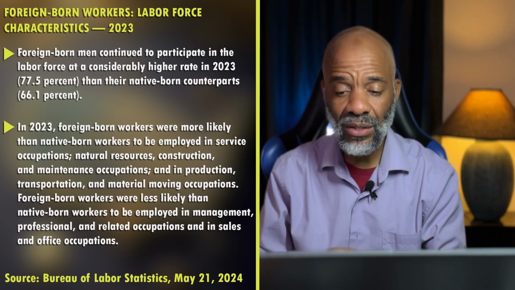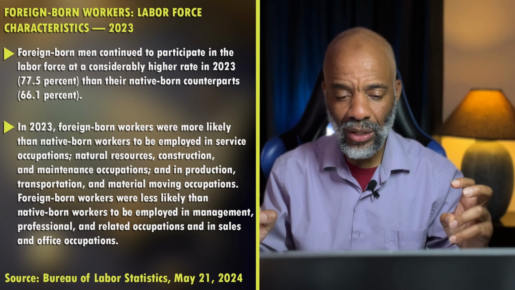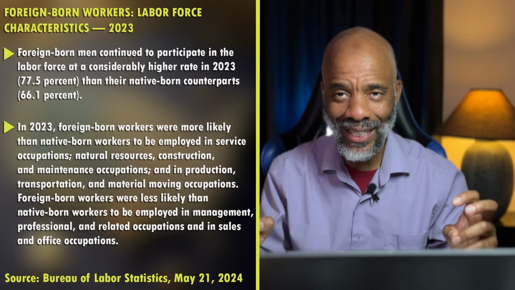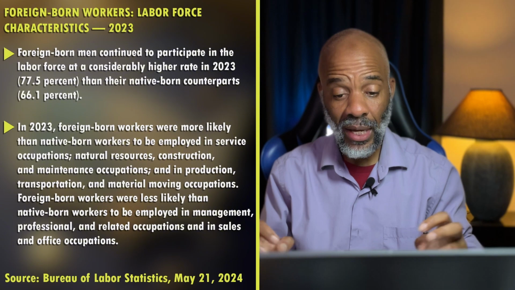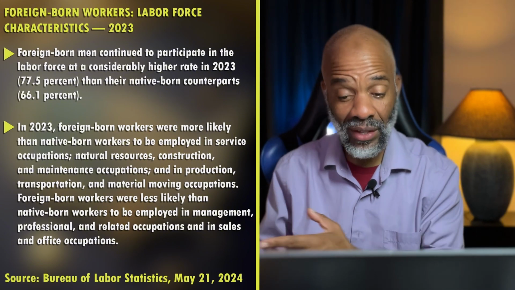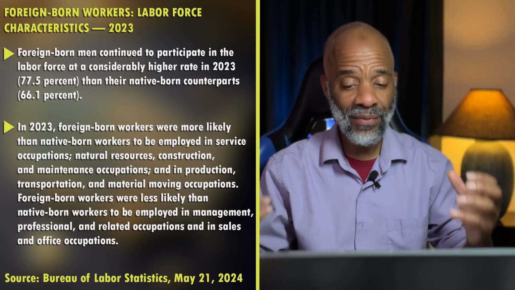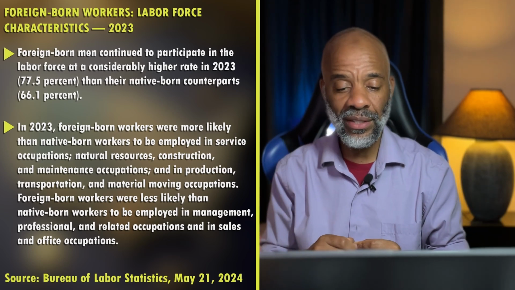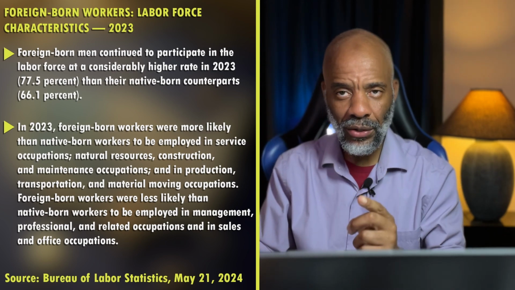These are the so-called unskilled or low-skilled work where you don't necessarily need a degree. This is very important. And then it says that they were less likely than native-born workers to be employed in management, professional, and related occupations, and in sales and office occupations. Now, this is very important.